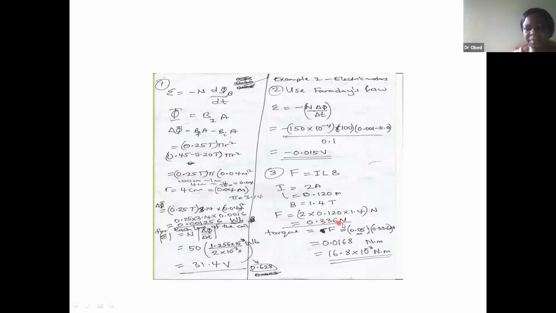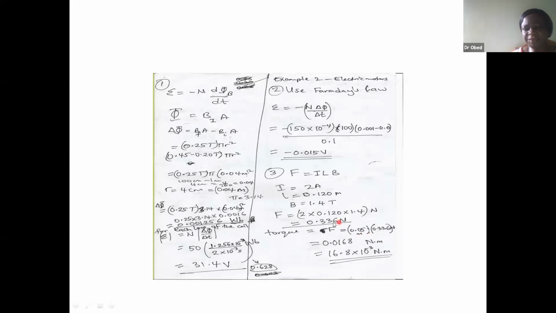0.336 newtons. So for the torque, we have the distance times the force. It says 50 millimeters. If you convert 50 millimeters to meters, you have 0.05 meters.